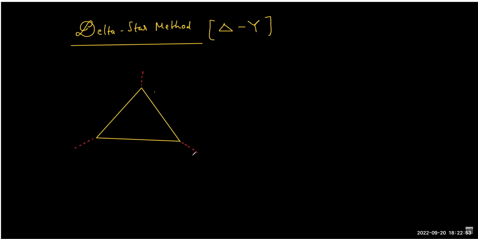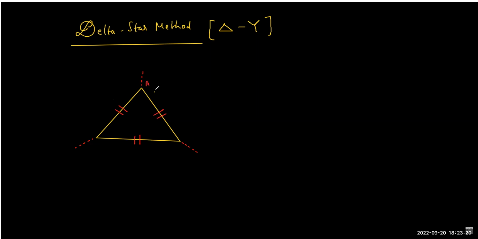Imagine some sort of 3 branch configuration somewhere in the circuit. Let's say each branch contains 1 capacitor, or this is the equivalent capacitance of each branch.